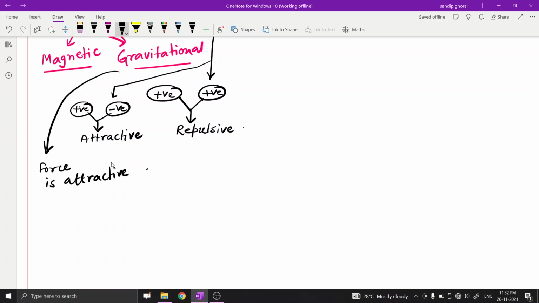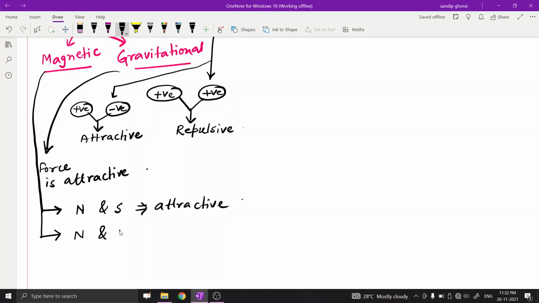And also for the magnetic case, if we take two different poles, like north pole and south pole, then we get an attractive force, and if we take north and north, then we get a repulsive force.